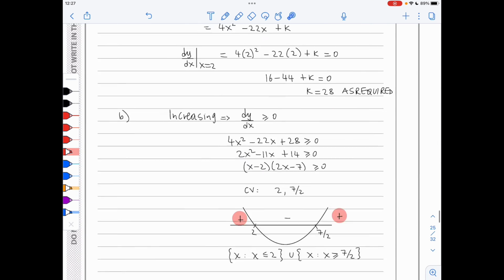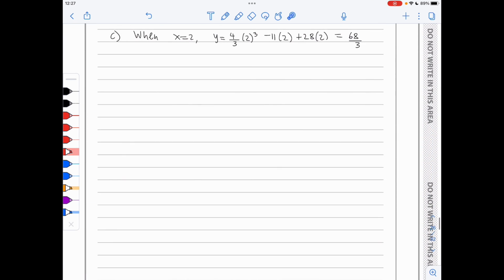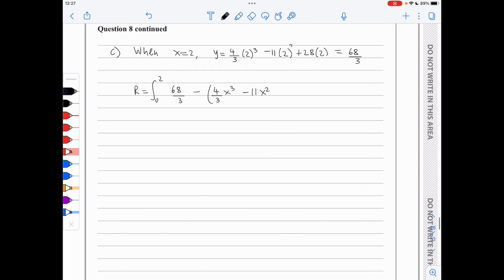This will give me the shaded area R. So R will be the integral from 0 to 2, 68/3 minus 4/3 x cubed minus 11x squared plus 28x dx.